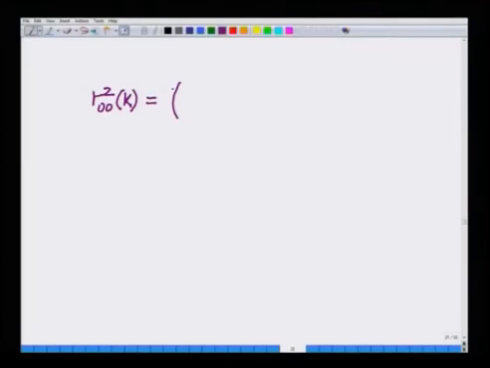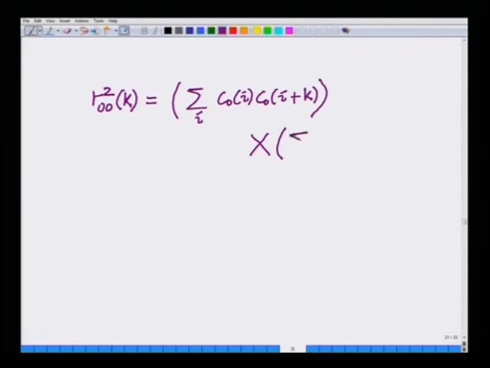So, R 0 0 k into R 0 0 k, that is summation over i C 0 i into C 0 i plus k, into summation over j C 0 j C 0 j plus k.